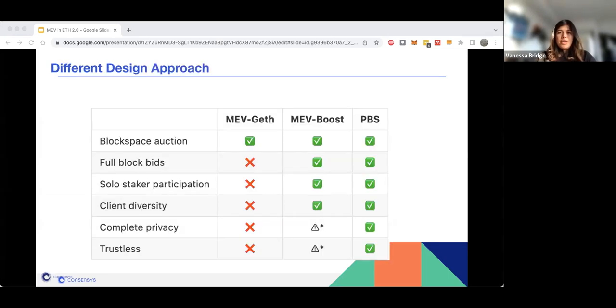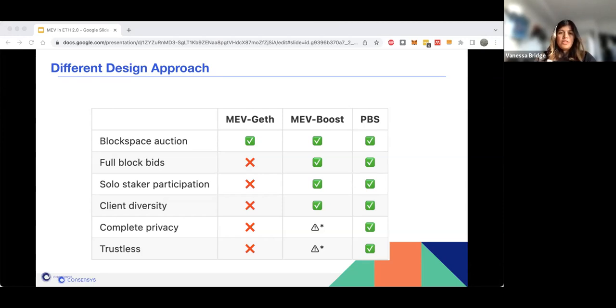And so just to get a more comprehensive view of the things that you can do with the different types of designs and architecture, MEV-Geth only helps with the block space auction. This is the first solution that we saw, but it doesn't allow users to send full block bids. There's no solo staker participation.